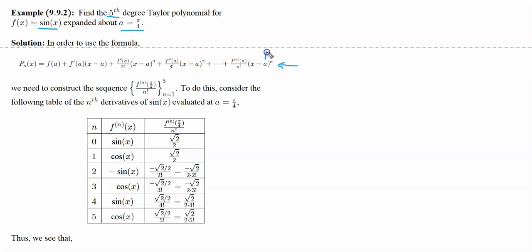You see all of these a's in here are going to be pi over 4 now. And so we need to identify a pattern for these coefficients that go along with the powers of x minus pi over 4.